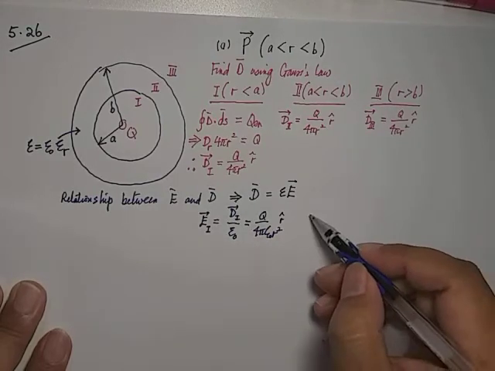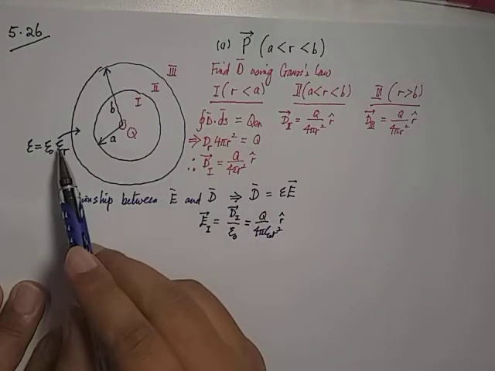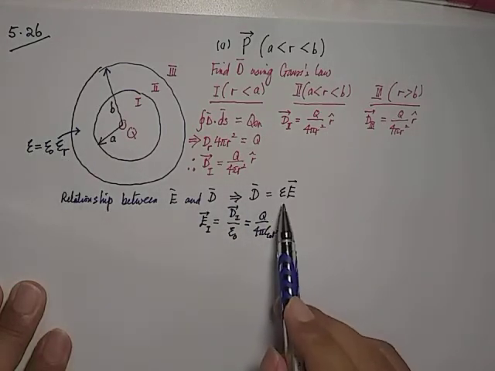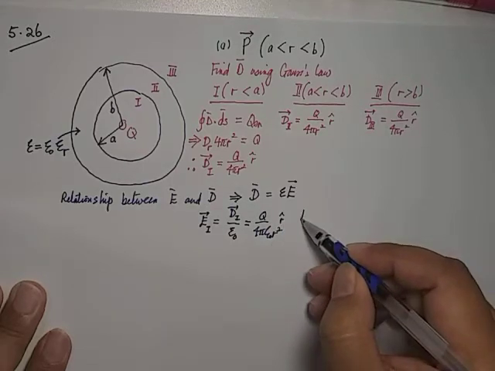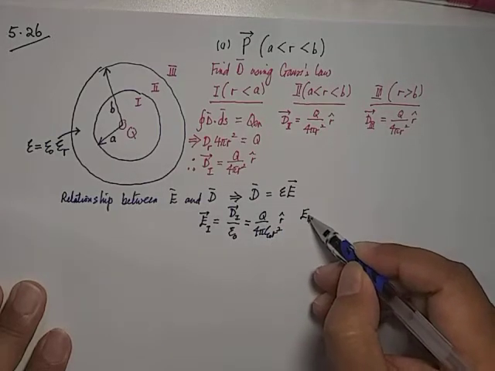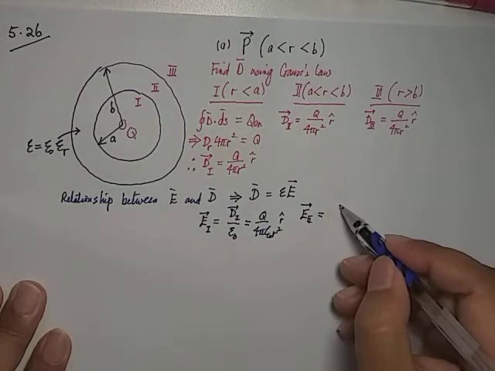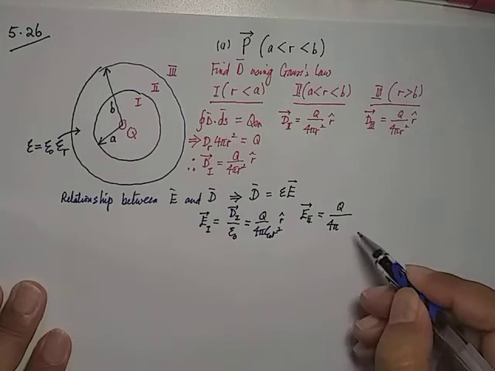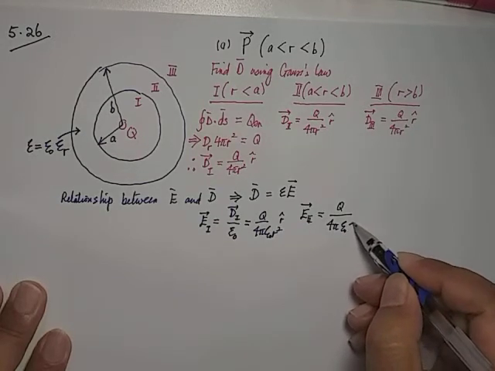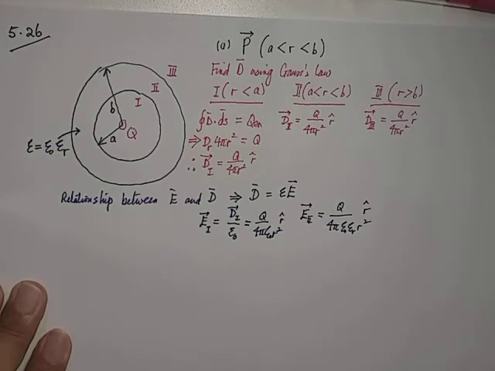For region number 2, since the medium now is a dielectric, the epsilon here should be epsilon naught epsilon r. So E2 should be D2, which is Q divided by 4 pi. Remember the medium now is epsilon naught epsilon r, r squared in the r direction.